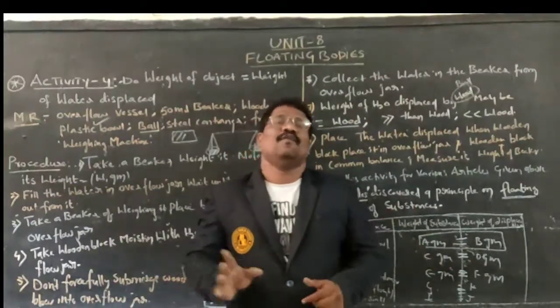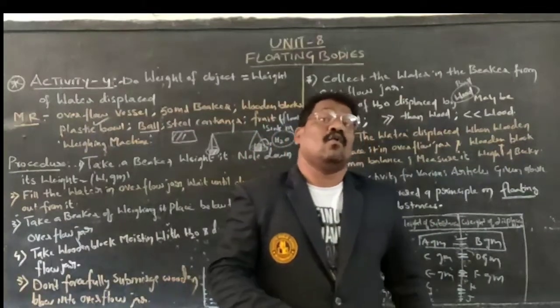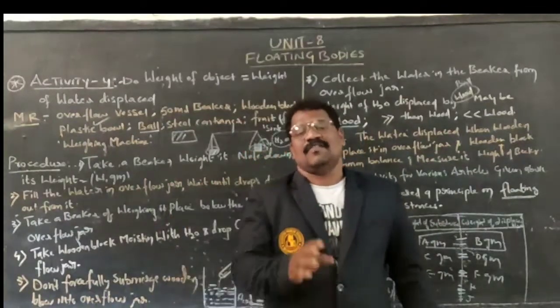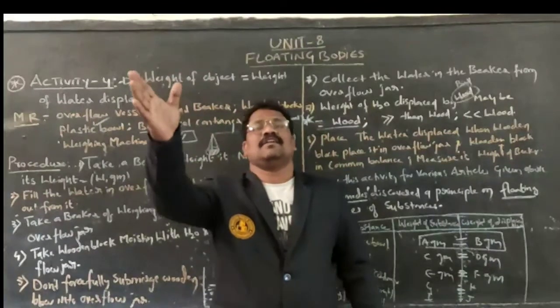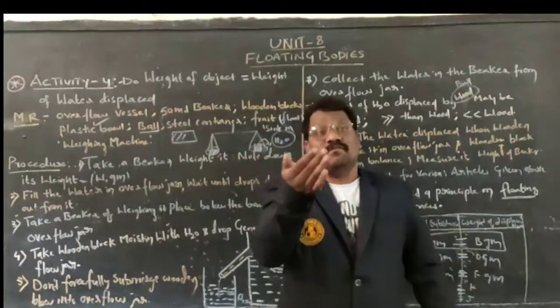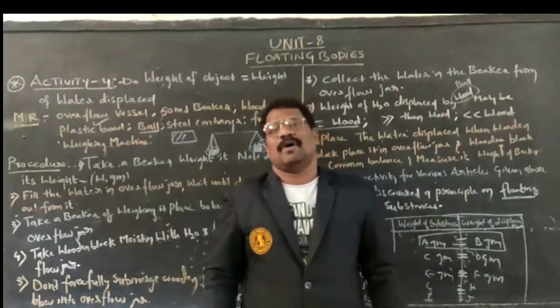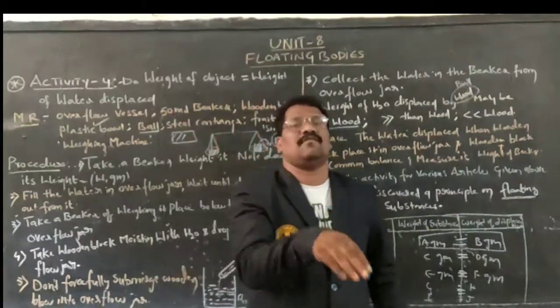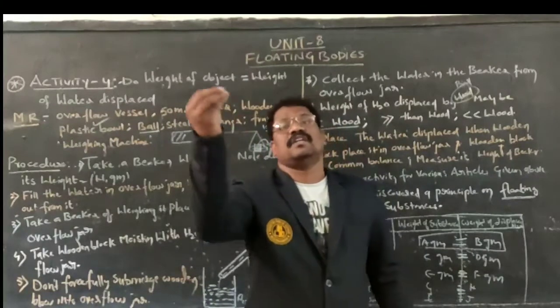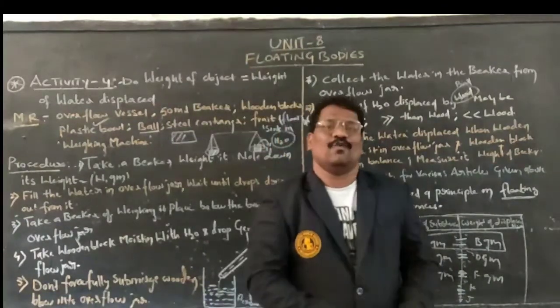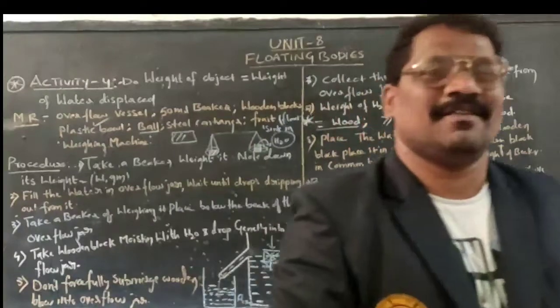In this way, we can change the density of a substance. We can increase or decrease the density of a substance by our convenience relative to the density of water. By that we can say that an object can float on the surface of water or sink into the water. Thank you, children.